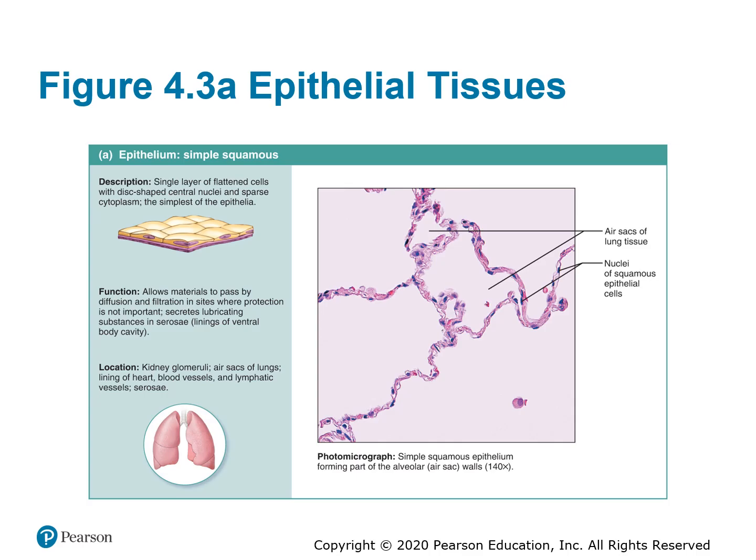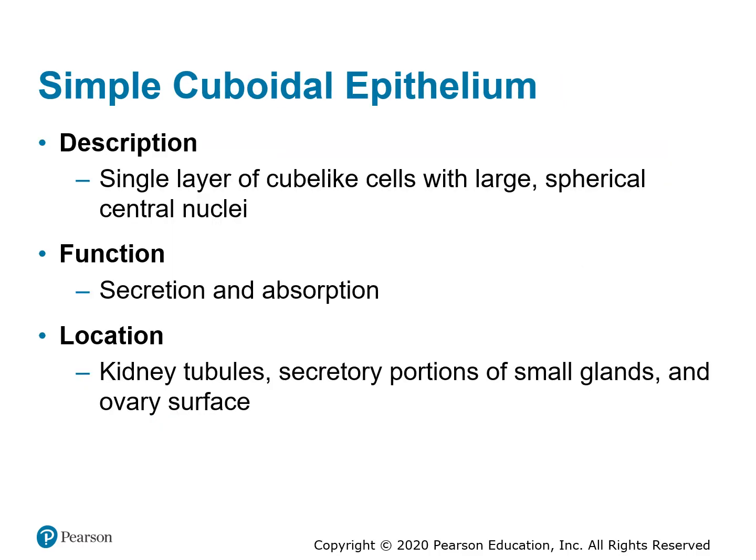An example of said epithelial tissues. We'll just move through this real quick. So, simple cuboidal epithelium. Again, simple, one layer. Cuboidal, looks like a big old cube, and epithelium. They're very rarely actually spherical, but their nucleus can look pretty spherical. Its main job is secretion and absorption.